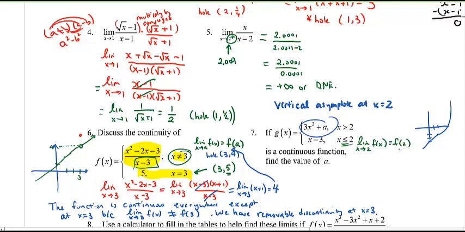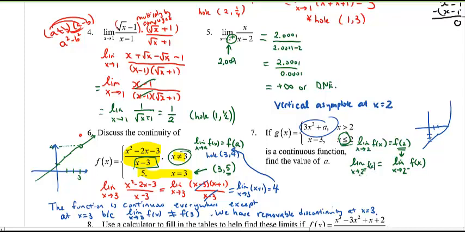Now notice the value at 2 here also seems to be equivalent to the left-hand limit because of this less than or equal to sign. And so really, in order for us to figure out the limit here, we need to ensure that the limit from the left also equals the limit from the right. So I think that's what we should calculate here.